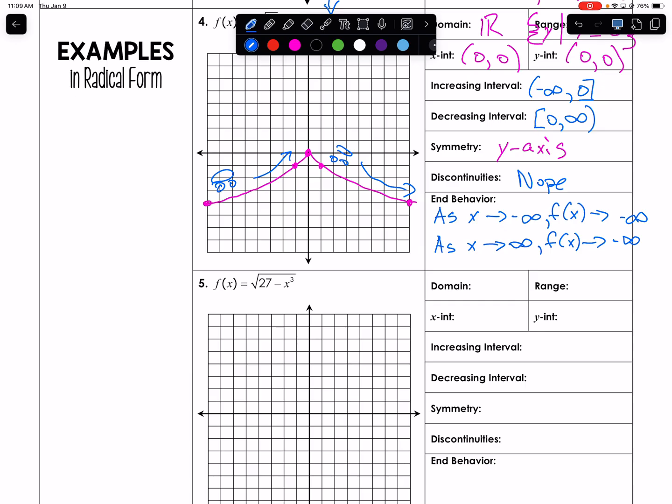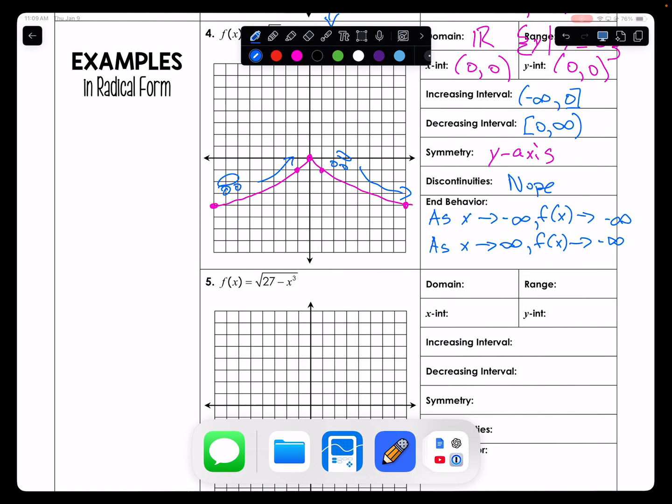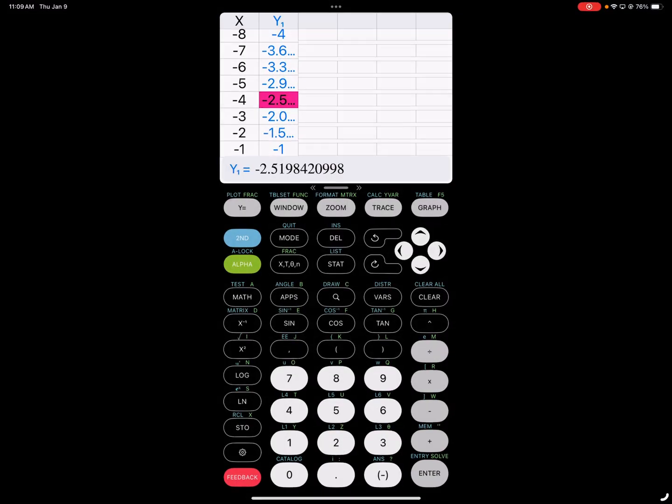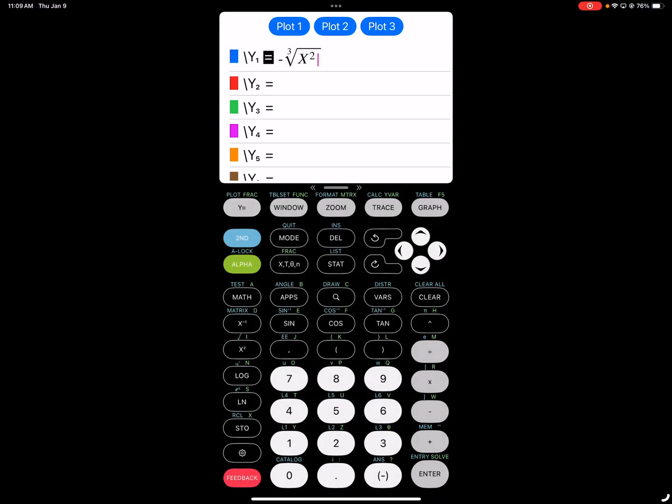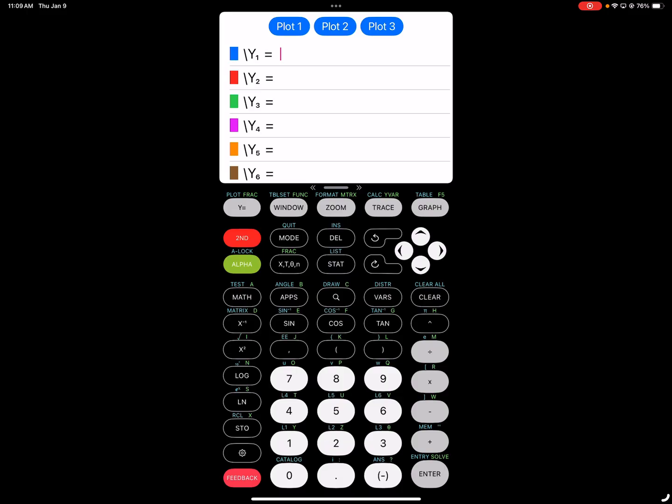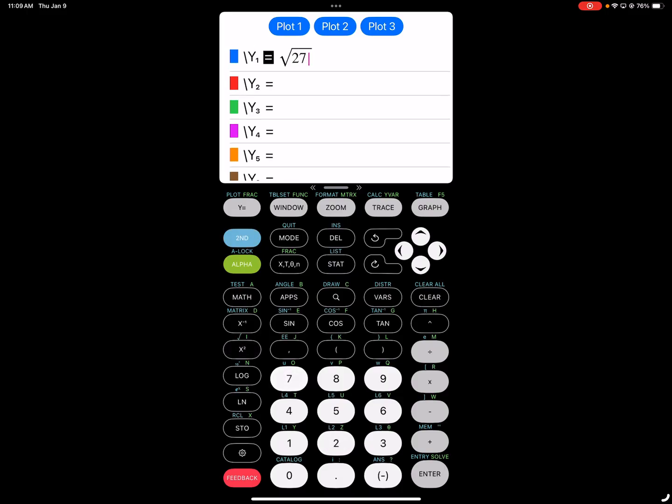Super fun. So square root of 27 minus x cubed. So we're going to throw that in. Second, square root 27 minus x to the third power, like that. Throw that in. Don't be lazy, throw it in. You want to see it in your calculator because it's a weird one.